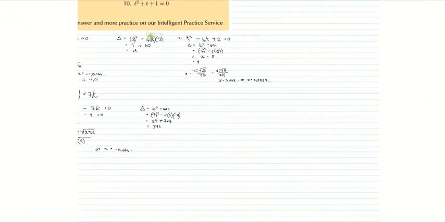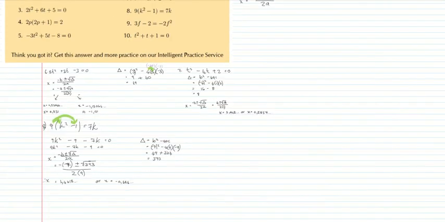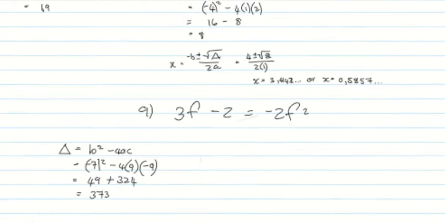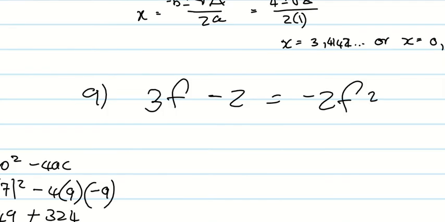Question number 9. Question number 9 says 3f minus 2 is equal to negative 2f squared. Good. So what I should do here is take everything to one side. So I'm going to bring the negative 2f to this side. So that will mean 2f squared plus 3f minus 2 is equal to 0.